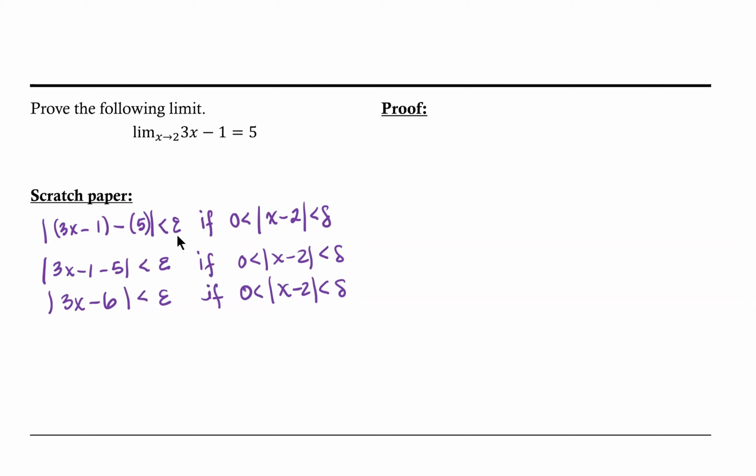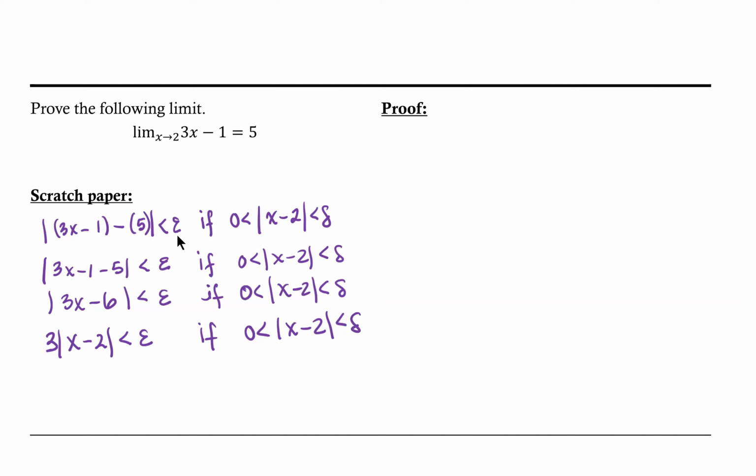Noticing I have a common factor of 3 within my absolute value of 3x minus 6, factor out the 3. I get 3 times the absolute value of x minus 2 is less than epsilon if 0 is less than absolute value of x minus 2 is less than delta.